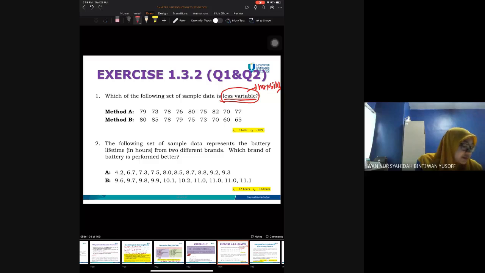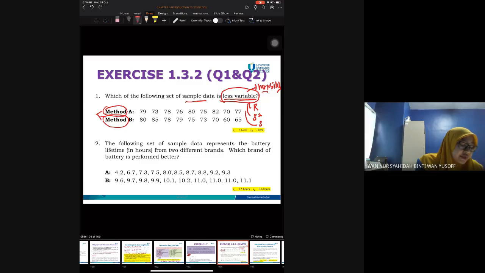So for variability, what kind of value can we calculate? You can calculate the range, the sample variance S square, or the standard deviation S. Either one is fine, because here it is about variability.